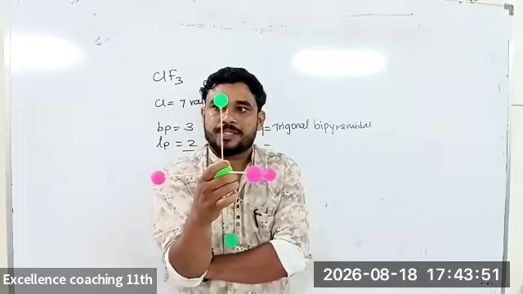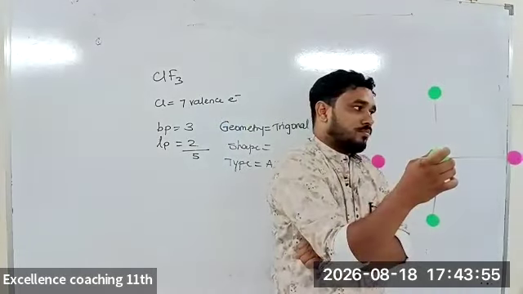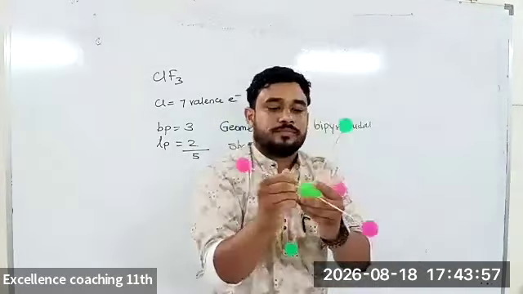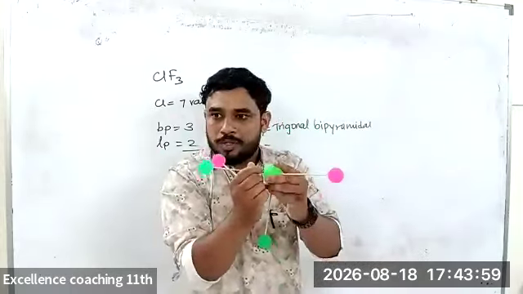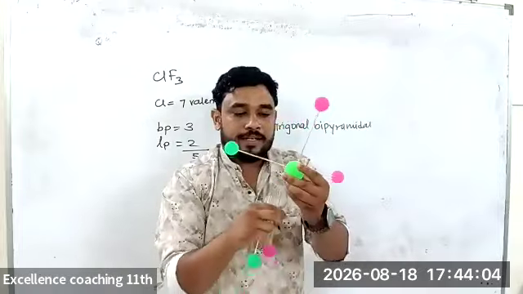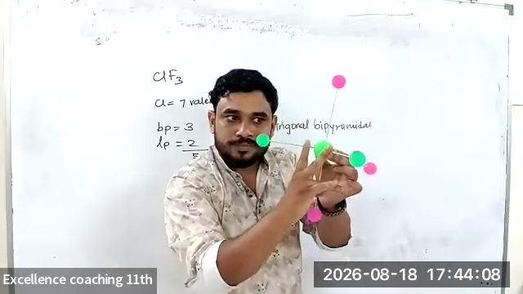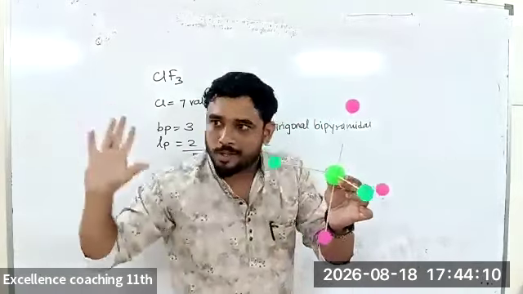Where I should keep the lone pairs? Okay. If I keep the lone pair here, take lone pair also lone pair. And if I keep the next lone pair here, this angle is what? 120. Ignore.